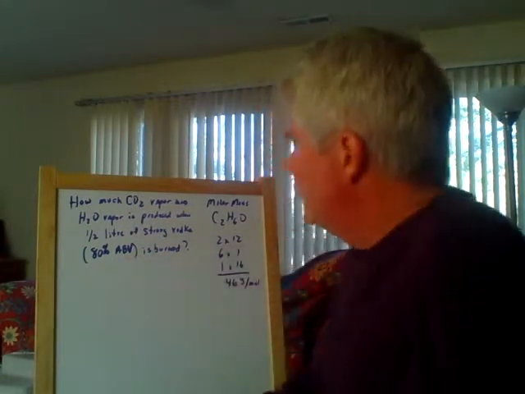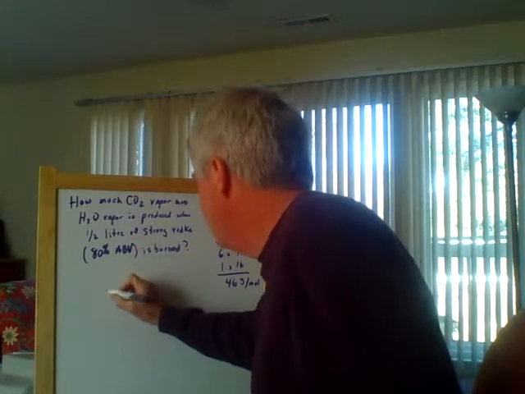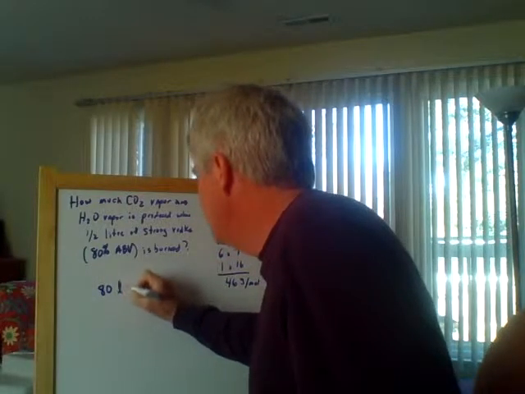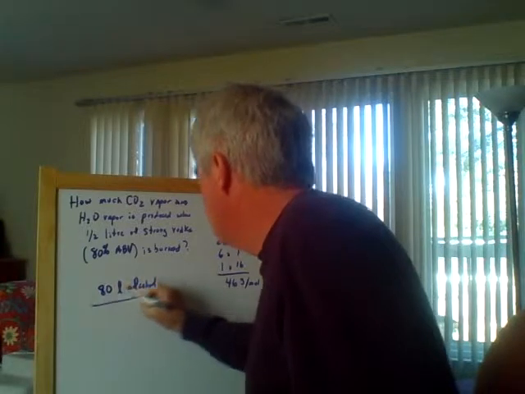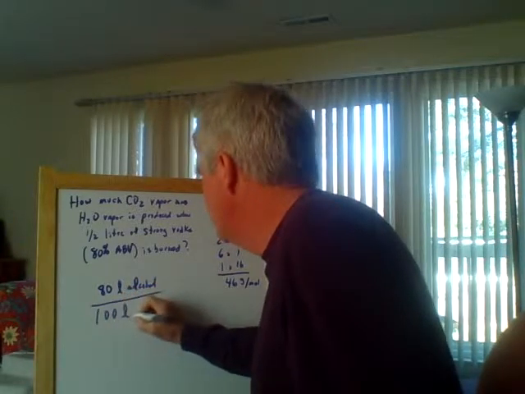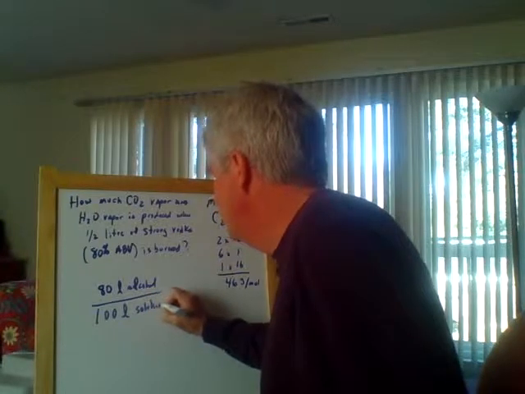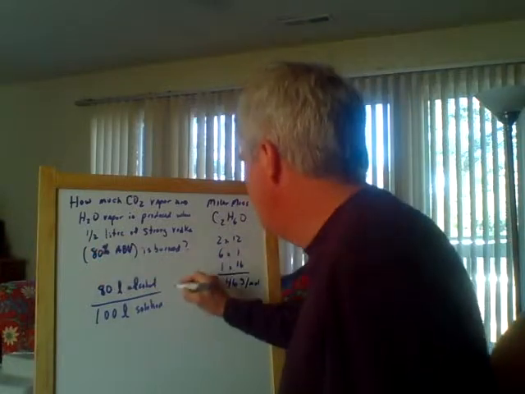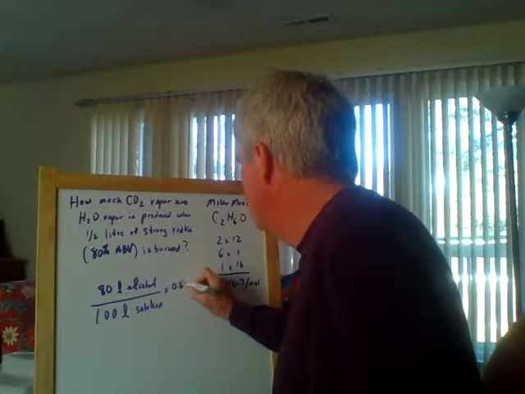Okay, so 80% alcohol by volume, essentially all that means is that we have 80 liters of alcohol for every 100 liters of solution, of vodka in this case. Okay, and what we actually have is a half a liter of solution.